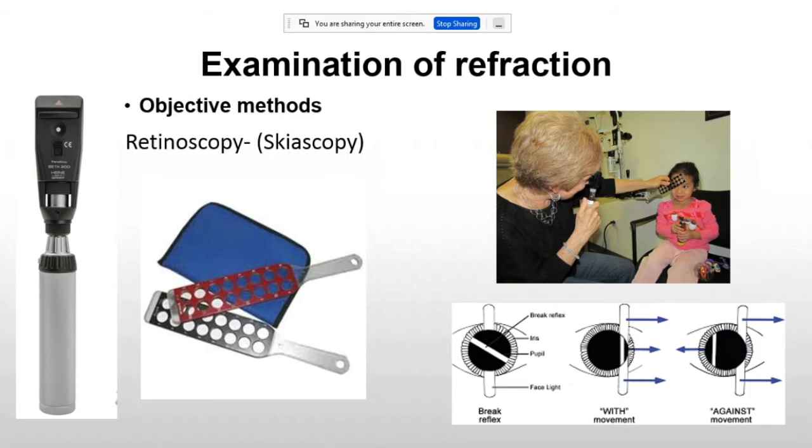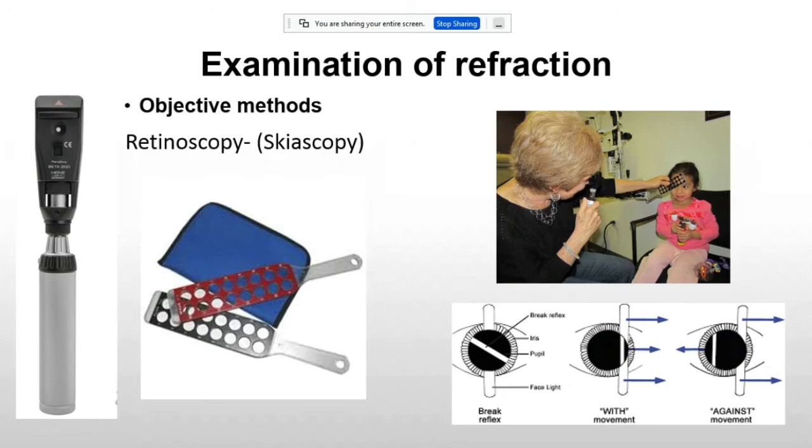And with the next glass, like in the trial frame, plus or minus 0.5, 1, 1.5, 2, 2.5, 4, you just give more and more glasses until neutralization. That means neither in the same nor in the against direction, but splitting from the middle. And when you put the next glass, you become inverted. So you use the splitting of this shadow.